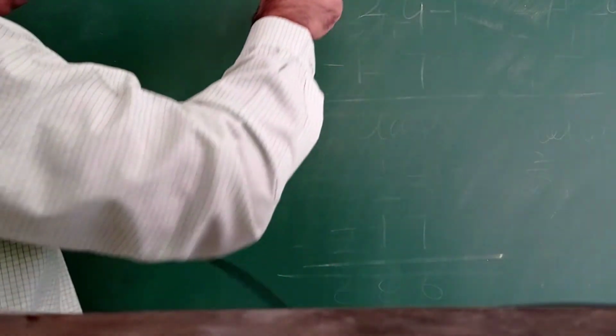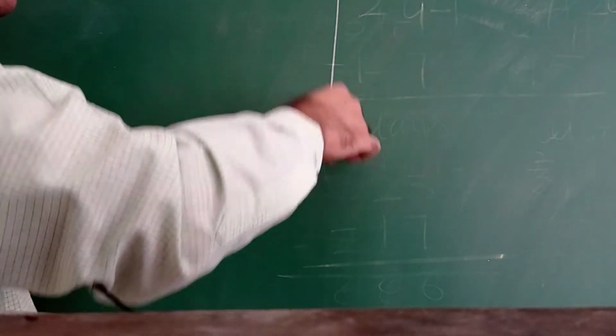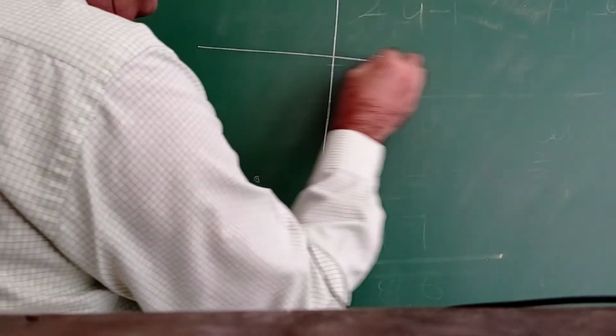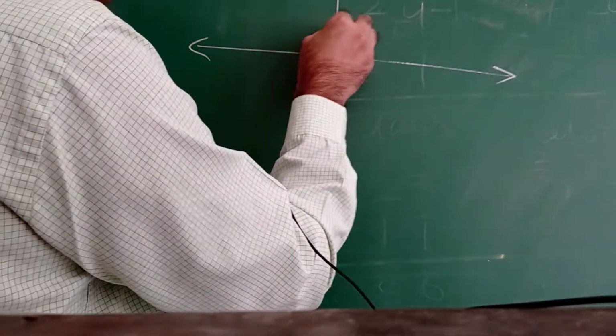Perpendicular means when we draw two lines and these lines are forming a 90-degree angle.